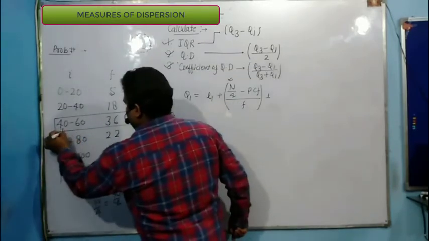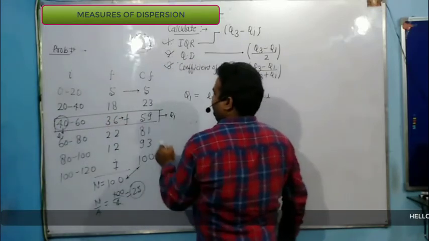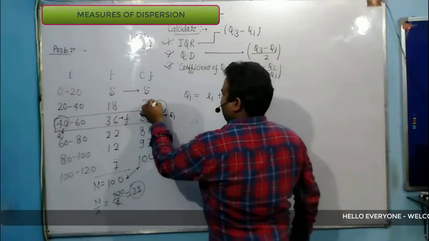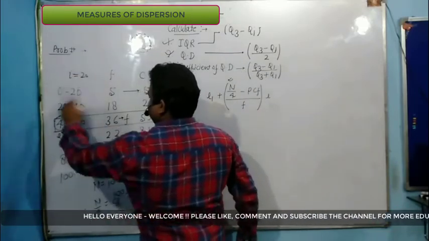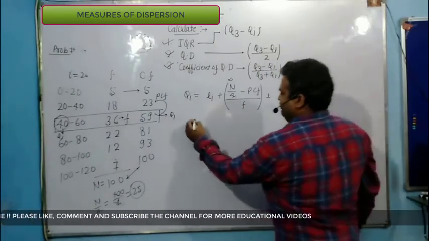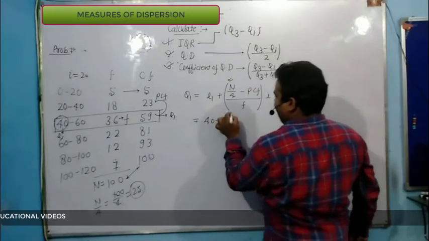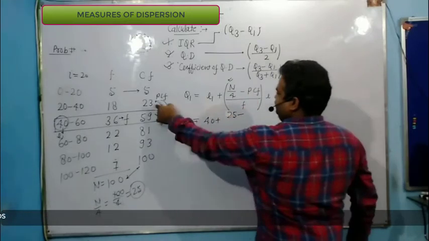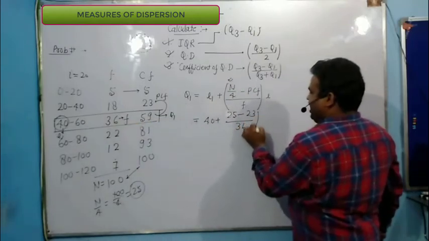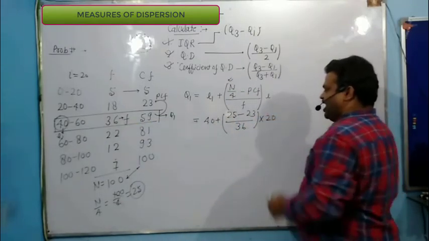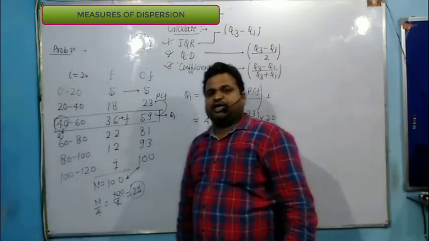What is L1? L1 is the lower limit, which is 40. This is F, the frequency of the Q1 range. This is my previous cumulative frequency, and the class interval is 20, because there is a 20 gap. So L1 is 40 plus n by 4, which is 25, minus the previous cumulative frequency 23, divided by F, which is 36, and I is 20, because the difference of higher limit and lower limit, 60 minus 40, is 20.